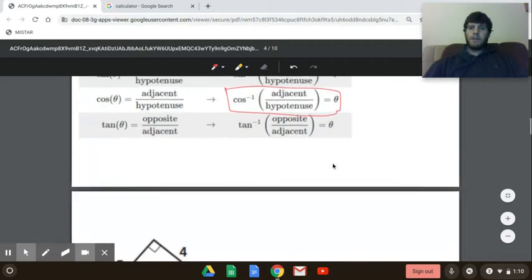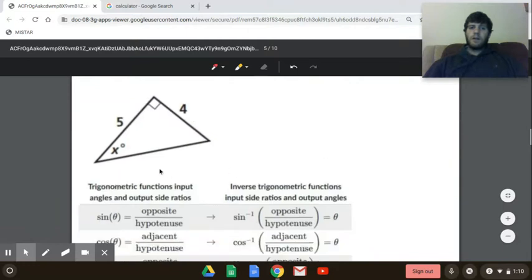And then the last one, our hypotenuse is across from the right angle. Okay, but we don't have any information down there. Circle the angle. Across is opposite. Next to is adjacent.